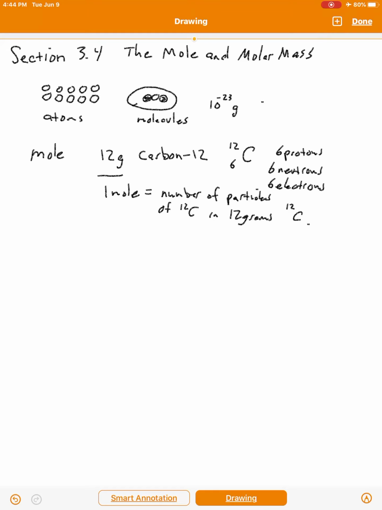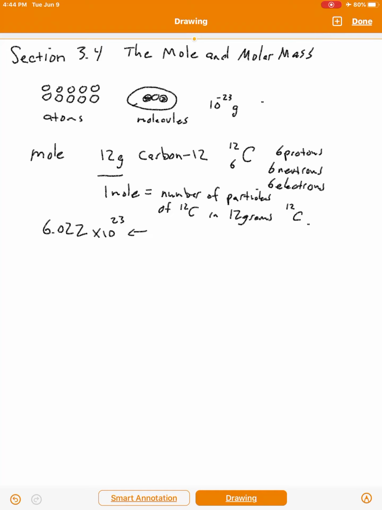Okay? So if you have 12 grams of carbon 12, there's some number of atoms of carbon that are in that. And it turns out that number is approximately 6.022 times 10 to the 23rd.